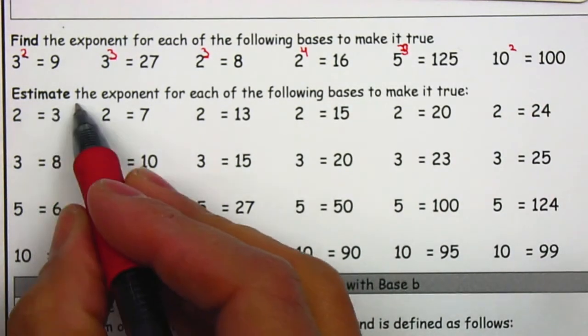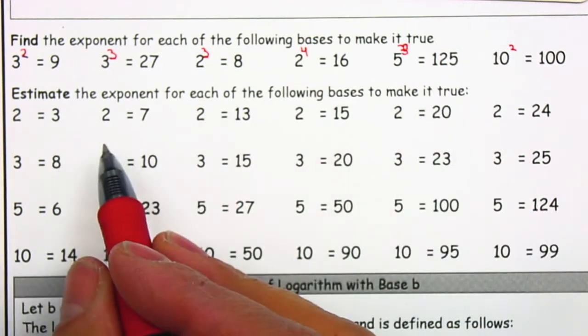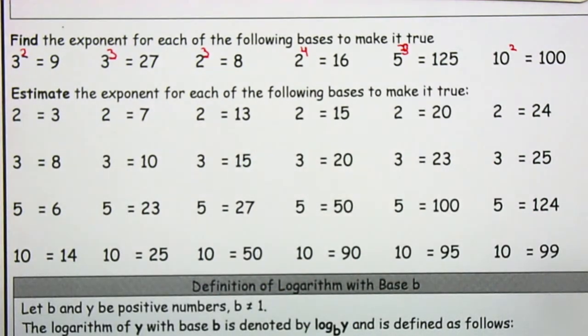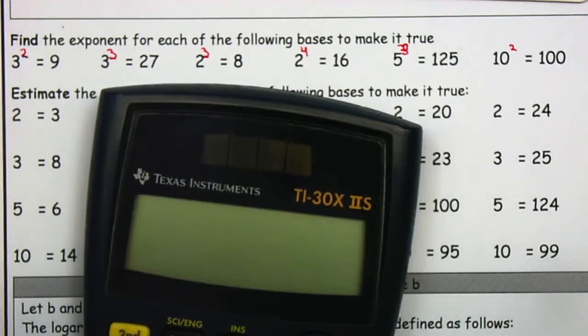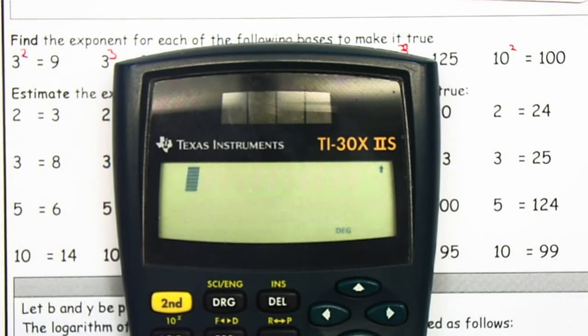Now we need to be able to estimate the exponent for each of the following bases to make it true. And we're going to be using a calculator just to be able to get a little more approximate value. I know that if I use a calculator, I'm trying to find the exponent. I know that 2 to the power of 2 is equal to 4. So that's a little too big.